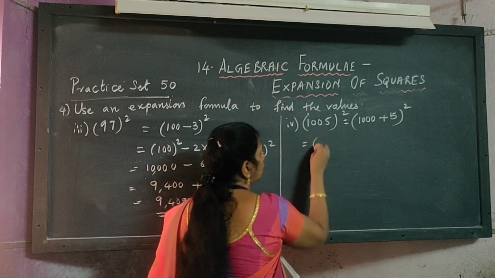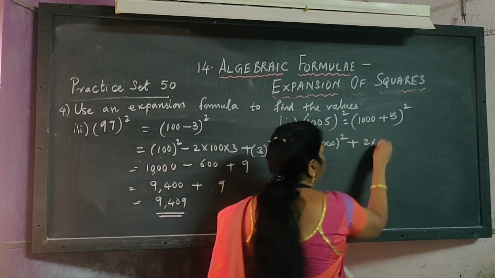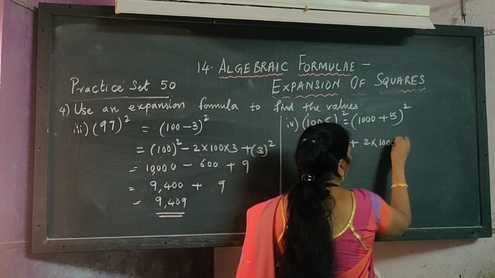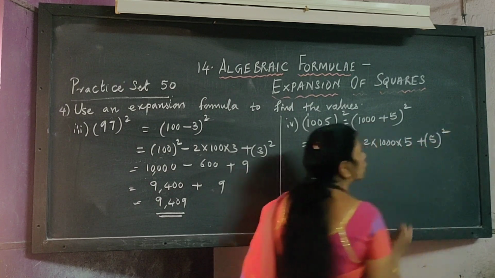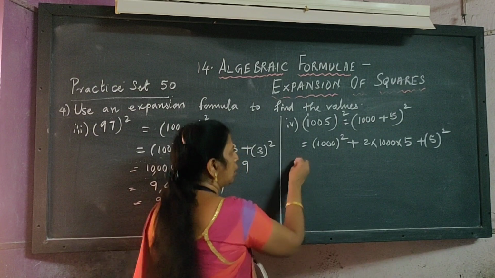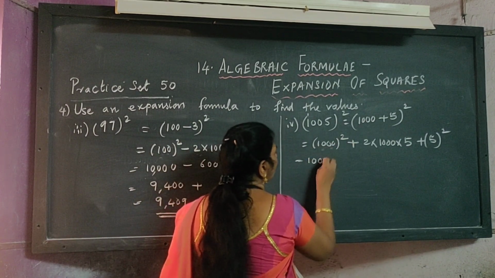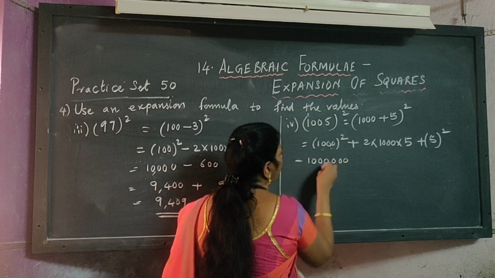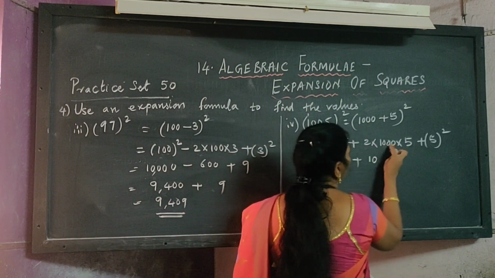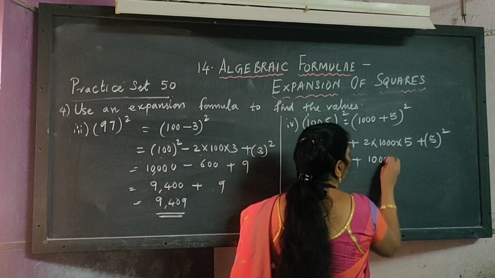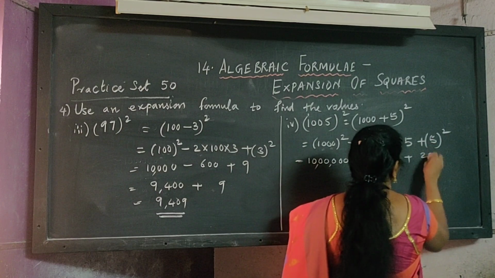So first term is 1,000 the whole square, plus 2 into first term, that is 1,000, into last term, 5, plus last term the whole square, that is 5 square. Now 1,000 square will become, see there are already 3 zeros, so you put 6 zeros, so it will become 10 lakh, plus 2 5s are 10, put 3 zeros because 1,000 is there, so it will become 10,000, plus 5 square will become 25.